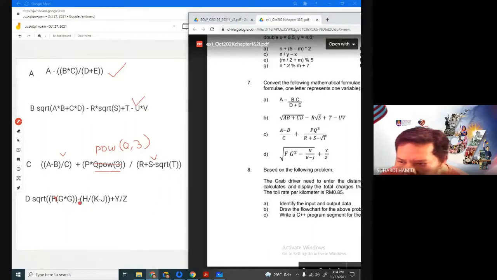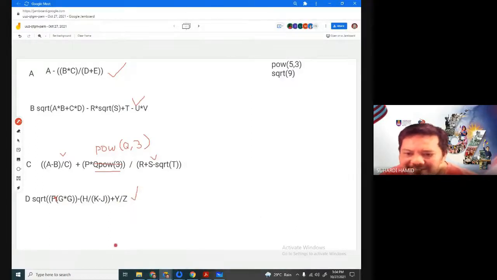That minus in bracket H over K minus J. Yes, that's correct. That finishes the square root plus Y over Z. Yes, this is correct. So it looks like you know how to translate everything from the question into C++ statement. Yeah, convert the formula in mathematics into C++.